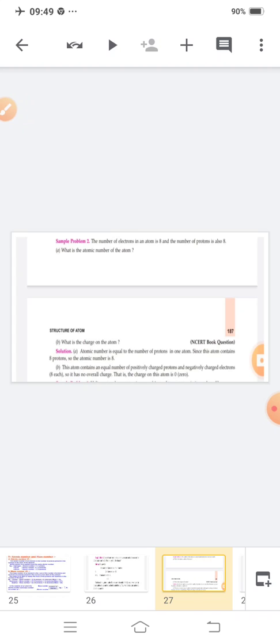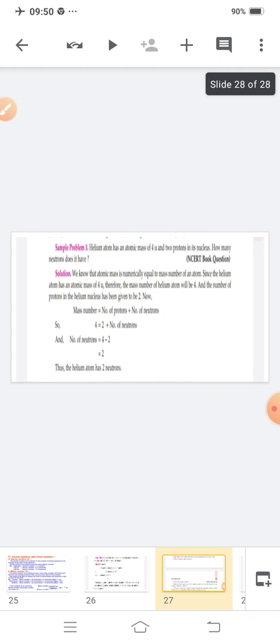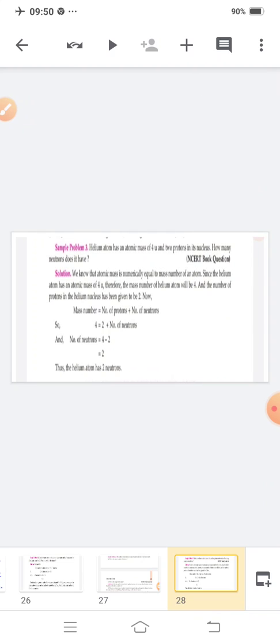It is neutral because there is no charge. Why? Because the electron has a negative charge and the proton has a positive charge. Both are 8, so the magnitudes are equal. So there is no charge on the given element. Is this clear?